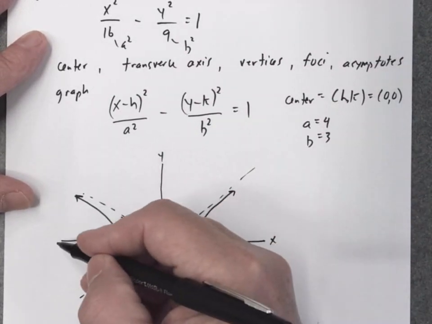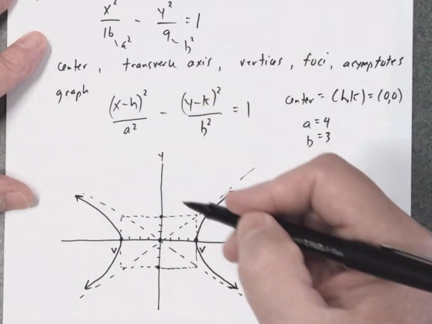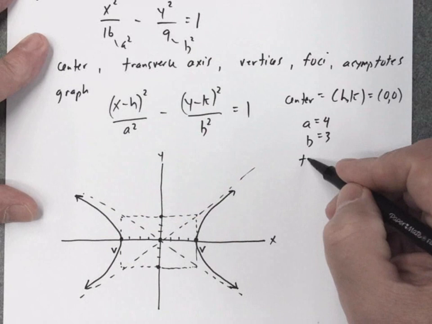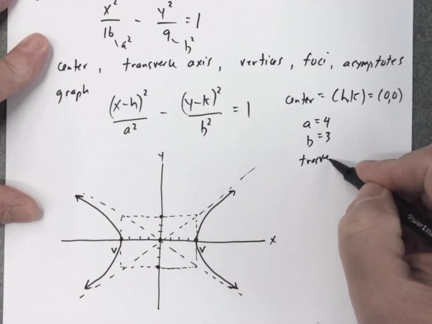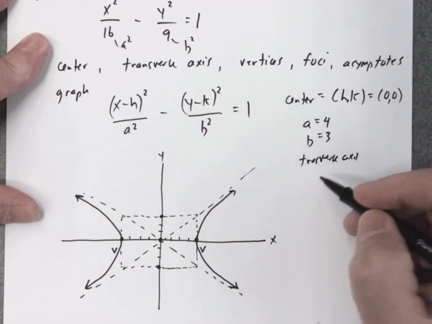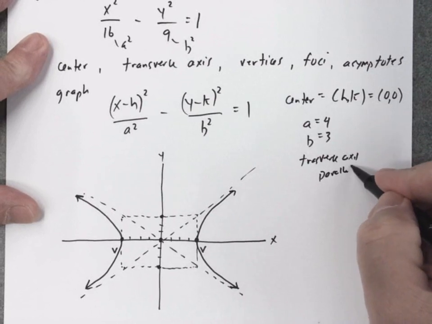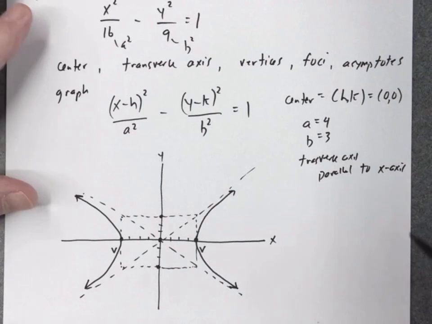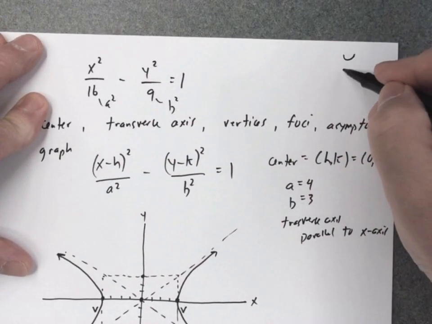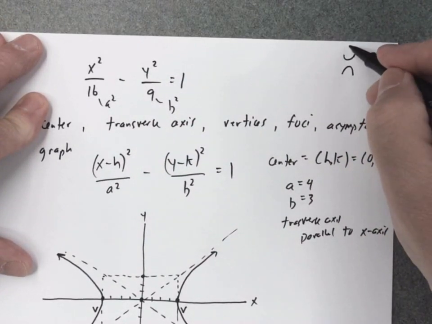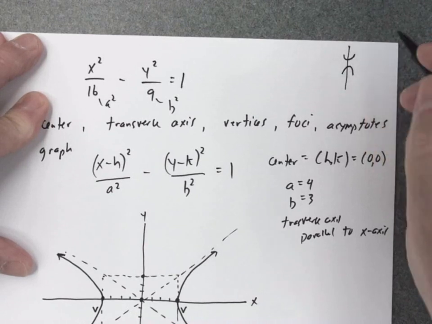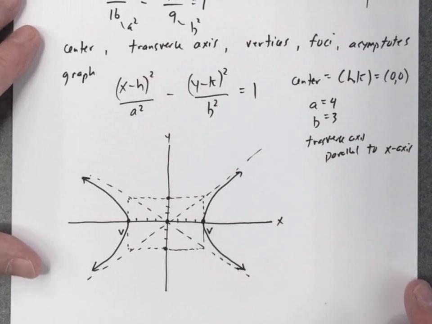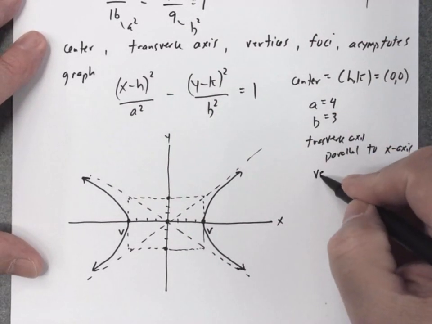Well, the x-axis is the horizontal axis. For this one, the transverse axis has to also be horizontal. So when you're asked about the transverse axis, you would say it's parallel to the x-axis. If you happen to have an up or down hyperbola, then the transverse axis would be parallel to the y-axis. We can determine the vertices.